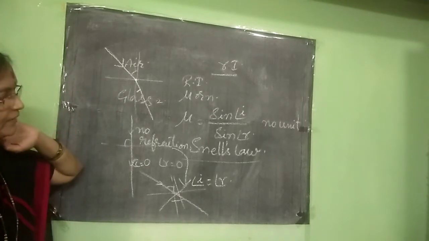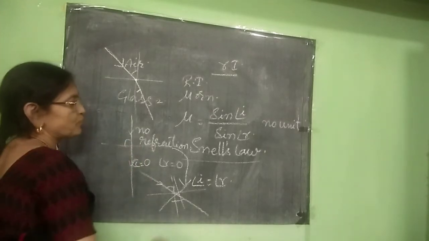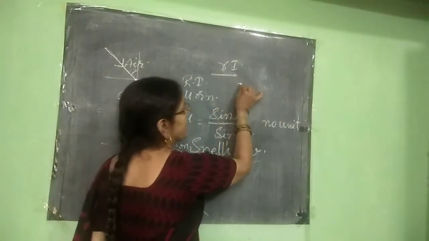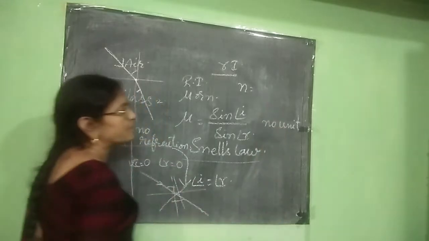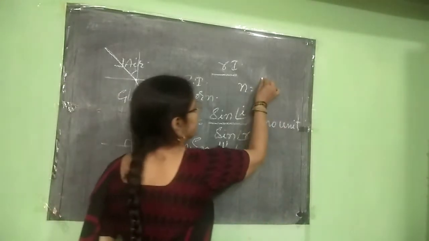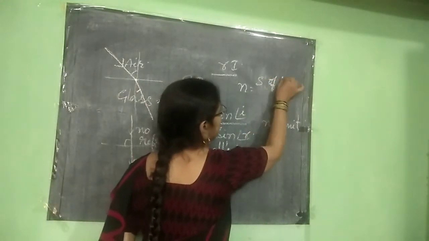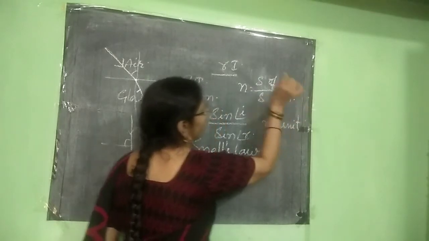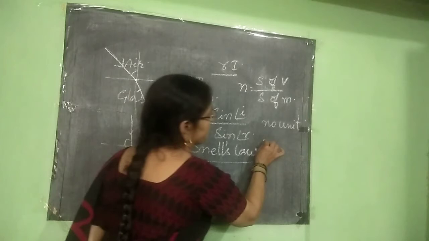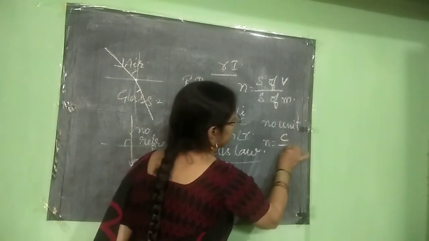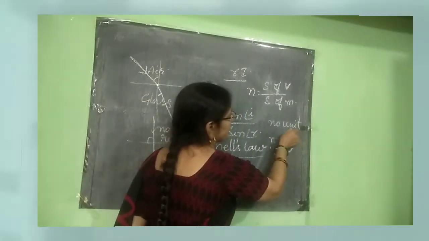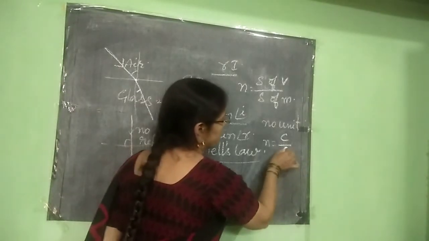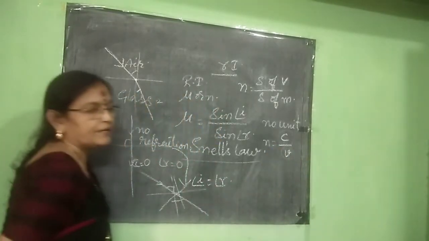Now how can you find it? With respect to vacuum, the refractive index of a medium n is equal to the speed of light in vacuum divided by the speed of light in the medium. So n is equal to c by v, where c is the speed of light in vacuum and v is the speed of light in the medium.